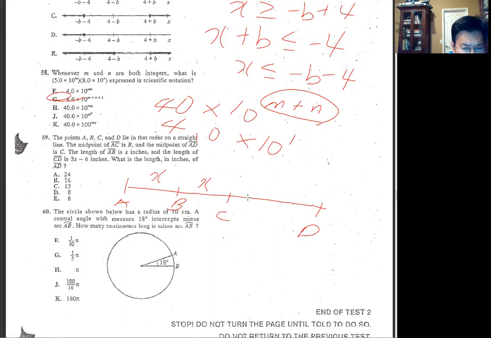That means this is x. This is 2x then. Length of CD is this. What is the length of AB? CD is 3x minus 6, and x has to be 6. x is 6. If you solve this part out, then 4x means 4 times 6, which is 24.